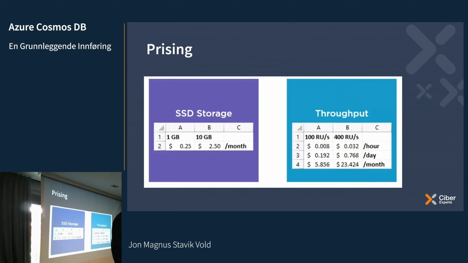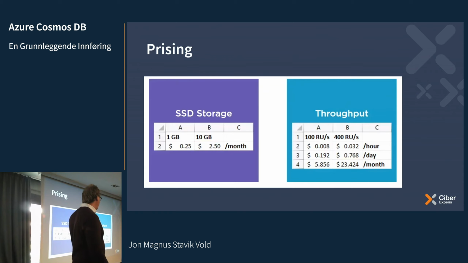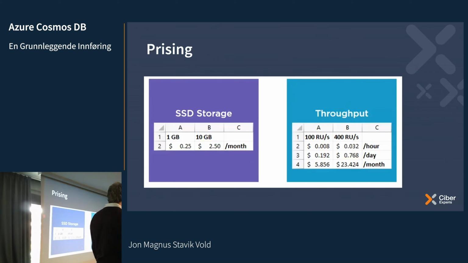And throughput, 100 RUs costs $0.008 per hour, and $0.192 per day, and $5.856 per month. And if you have 400 RUs, it's 4 times the price.